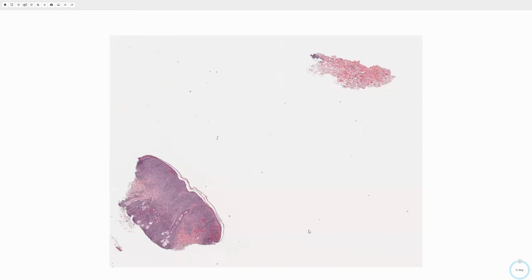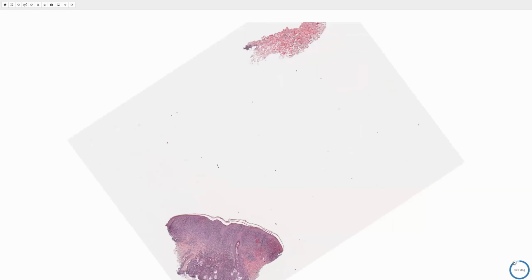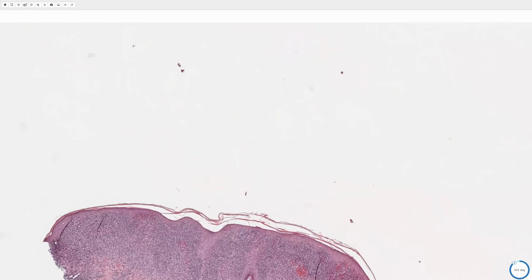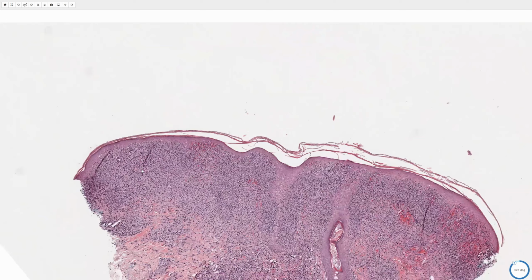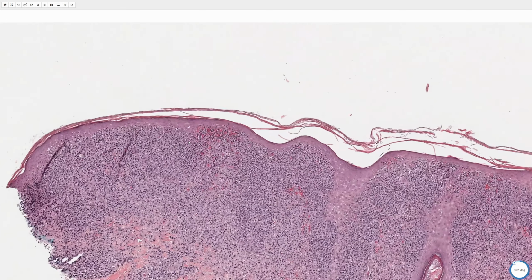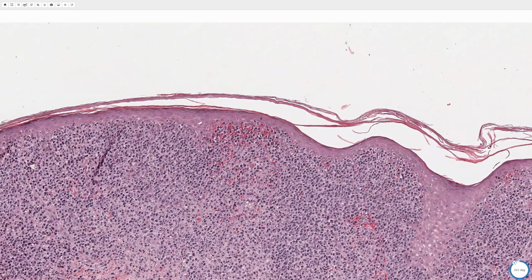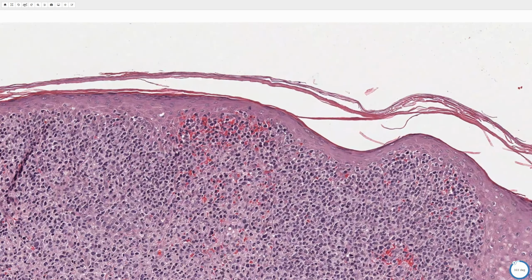We do not have an example of this in our study set. So this is another example courtesy of Path Presenter, and this is an example of tumor stage MF. And here you can see that there's a dense dermal infiltrate of atypical lymphocytes. Again, you can see they have this haloed appearance, and they're really smashed up against the dermal epidermal junction here with some epidermotropism.